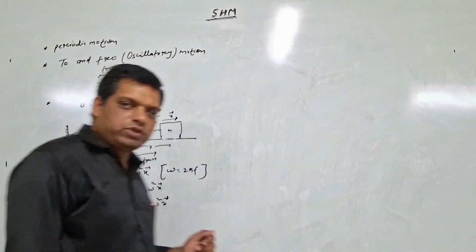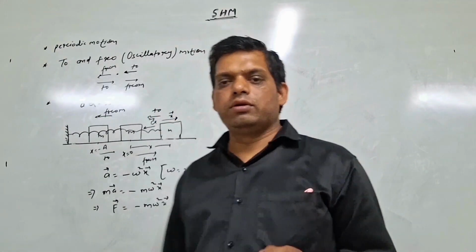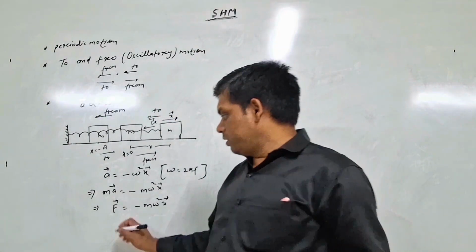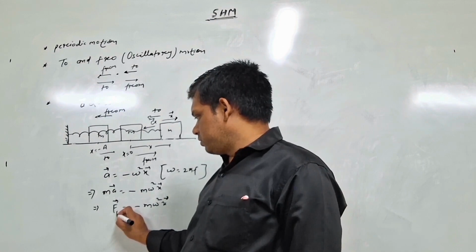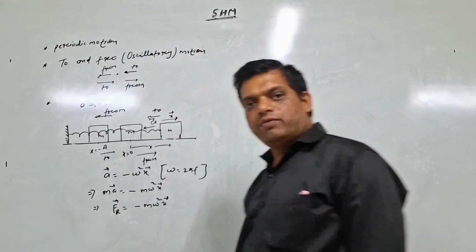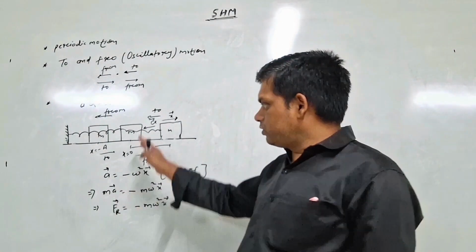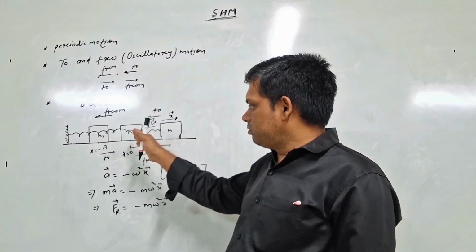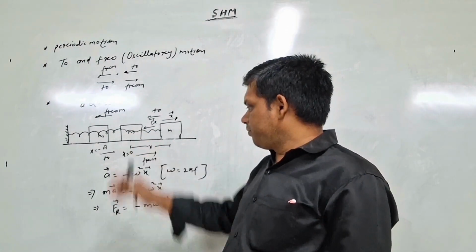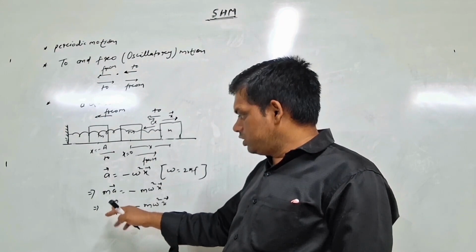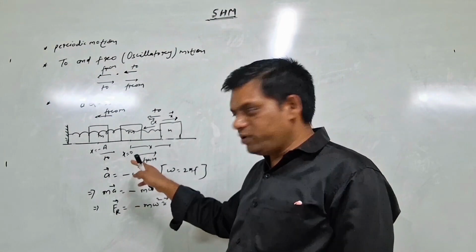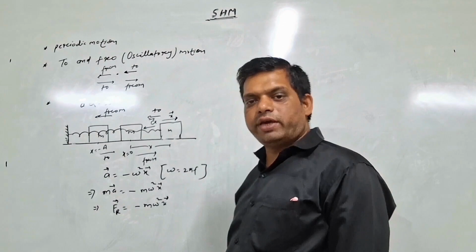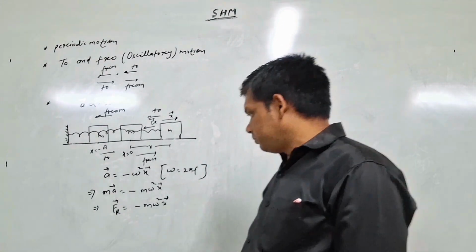This force is responsible to move the body in such a way, so it is called restoring force. It is called restoring force because the force is responsible to move the body towards the mean position, and this force always acts towards the mean position, and also acceleration always acts towards the mean position.